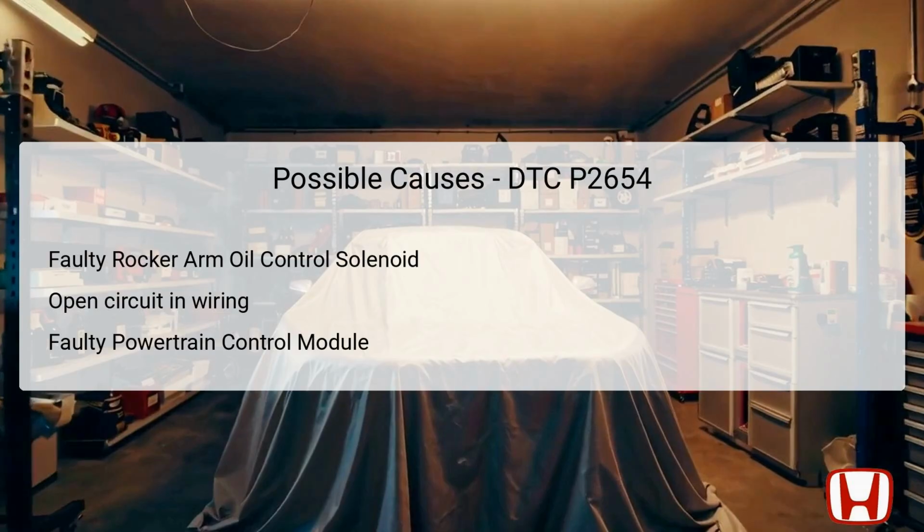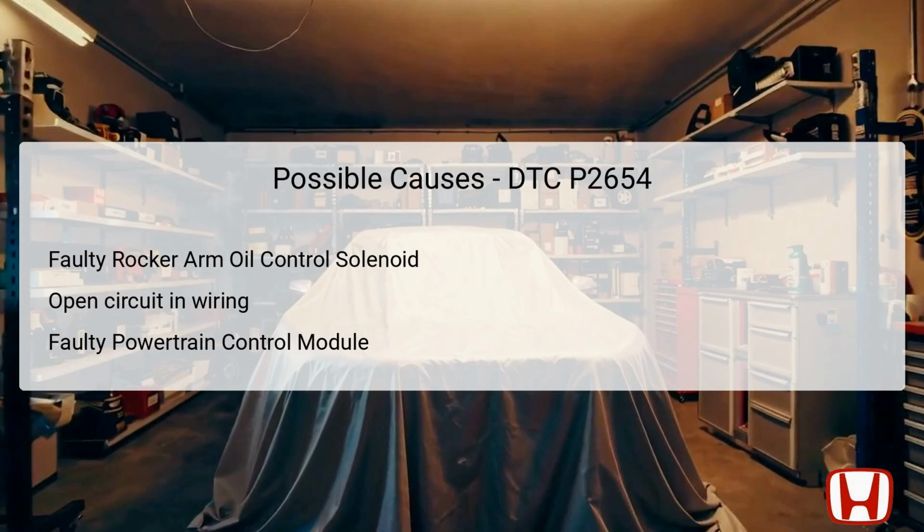Several issues can lead to DTC P2654. A faulty rocker arm oil control solenoid may fail to respond correctly to the PCM's commands, leading to abnormal voltage readings. This can result from internal malfunctions or wear over time. Another possible cause is an open circuit in the wiring that connects the solenoid to the PCM.